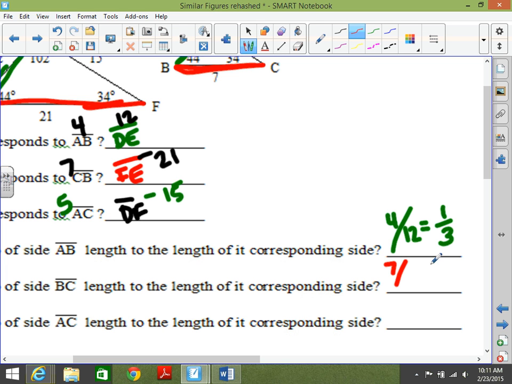And its corresponding side, which is FE, if we reduce that, it will be 1/3. And last, AC. 5. Its corresponding side is 15, which reduces to 1/3.